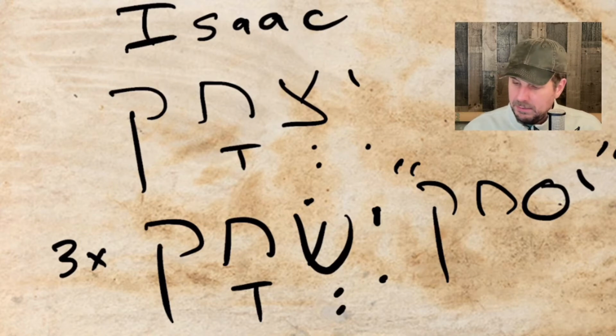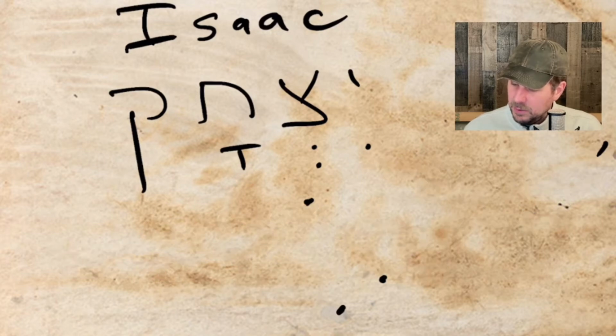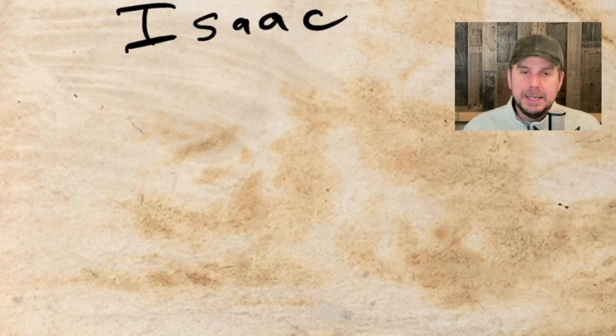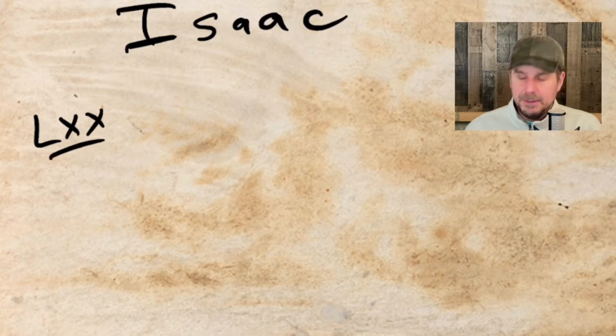Well, guess what? We even have more if we extend into how the name Isaac was transliterated into Greek. In the Septuagint, we call that the LXX for short, means the 70.